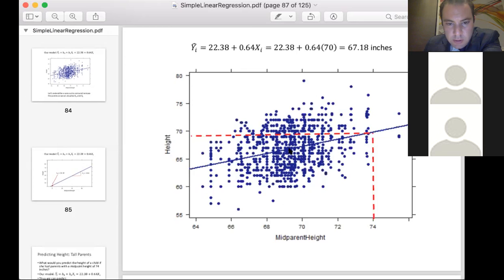So that would be the mean mid-parent height and the height of the child. The point being, anything higher than that as far as the mid-parent height, we're saying would regress. So they'd be taller, but just not as tall as the parents. So it'd be regressing towards the mean, shifting to the left here.